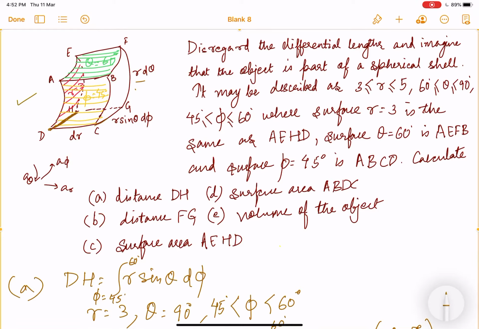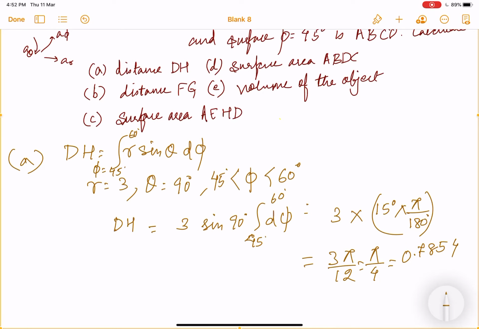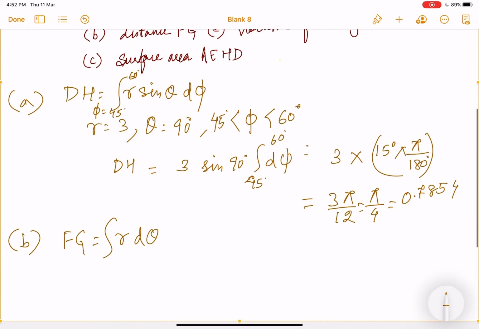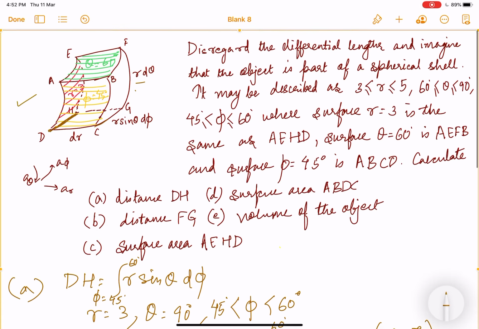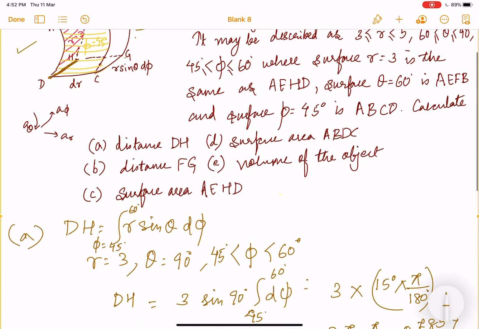That means my R is fixed. FG is R d theta, I have to integrate it, isn't it? And my R is fixed at 5. And my theta, we can see the range over here. My theta varies from 60 degrees to 90 degrees.